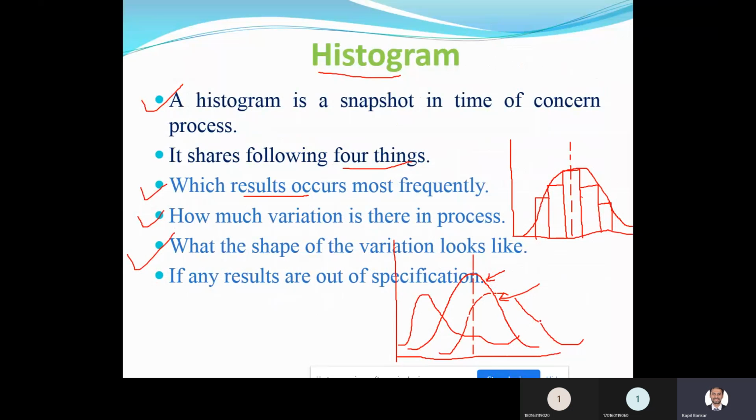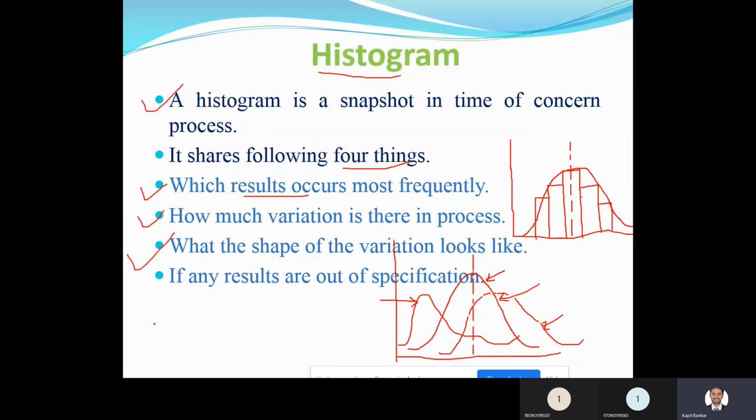This shape means the data is skewed towards the right side, meaning some variation is there in your process. And this shape gives you the information that your process is skewed toward the left side. So from the different shapes, you can tell that your data is normal, skewed toward the right side, or skewed toward the left side.